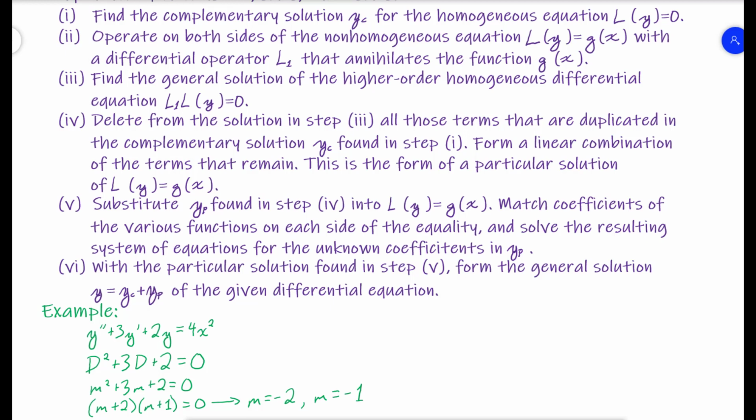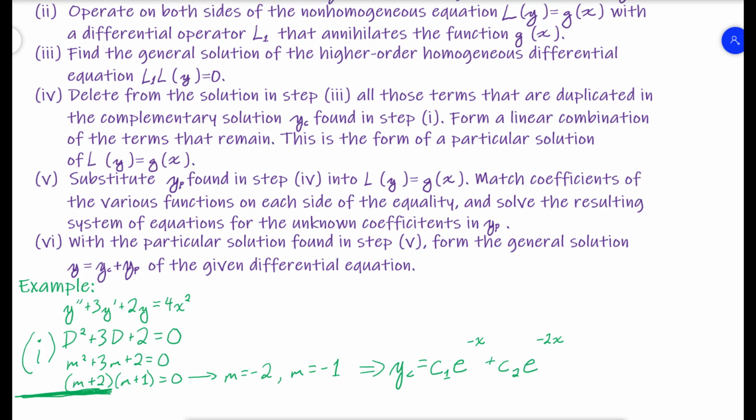So I have two distinct real roots. Consequently, my complementary solution, y sub c, is going to equal c1 e to the negative 1 times x plus c2 e to the negative 2 times x. So that completes step 1.